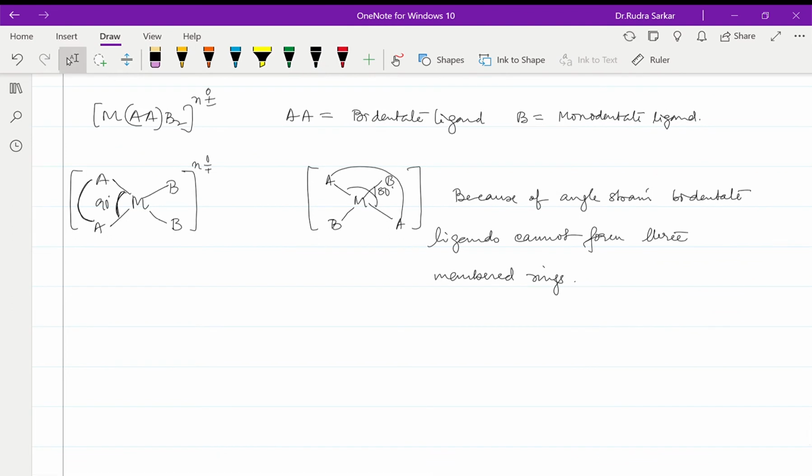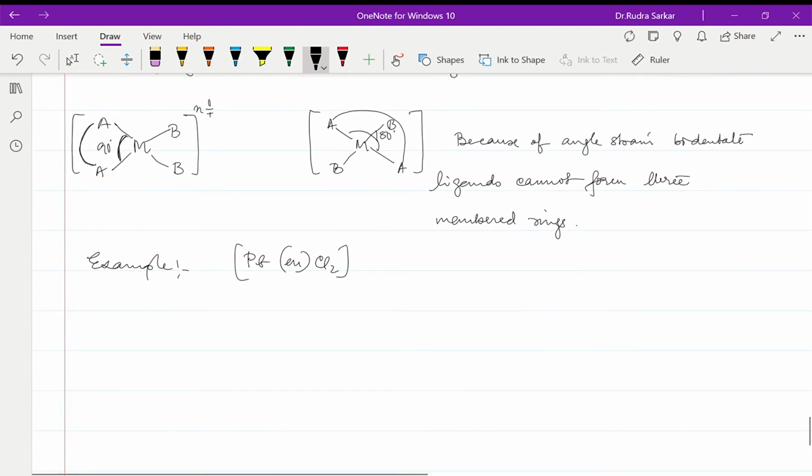So that means if we talk about an example, we will say, obviously, PtenCl2. This complex can be used as an example of this type of arrangement.